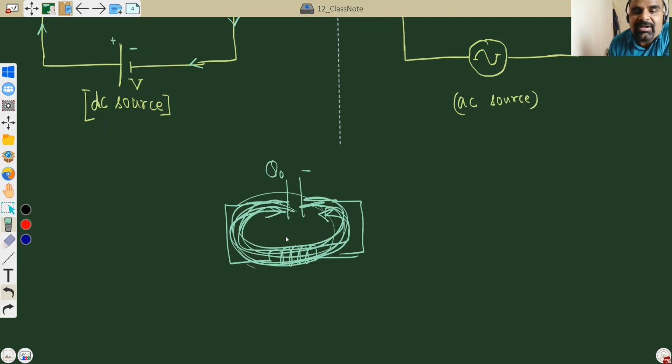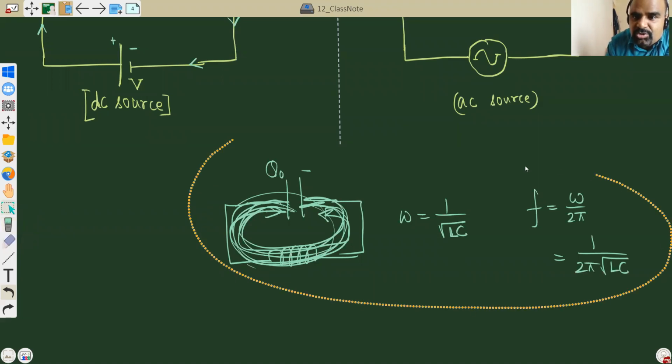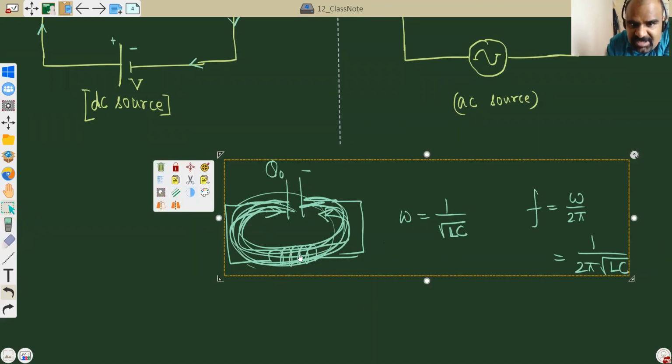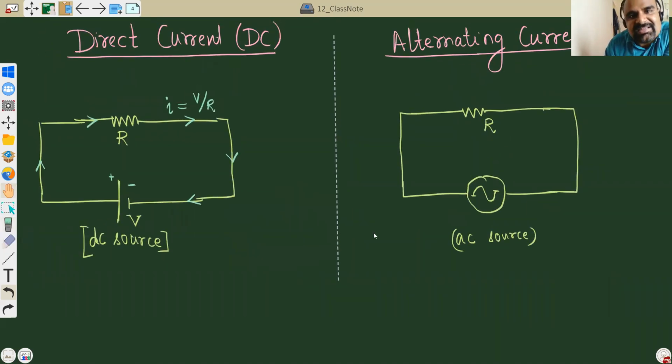What was the frequency of this oscillation? You remember, angular frequency was 1 by root LC. So frequency will be omega by 2 pi, because omega is 2 pi f, so 1 by 2 pi root over LC. There was a question also based on this. Which type of current was there? It was an AC current. Anytime you see that the direction of current keeps alternating, you should realize that it's an AC current.